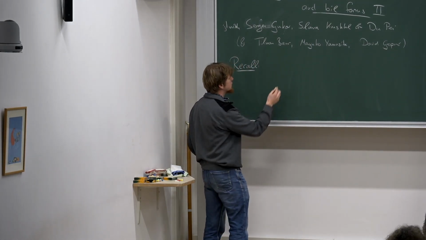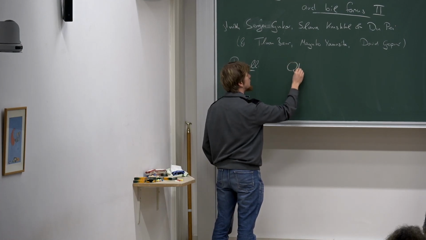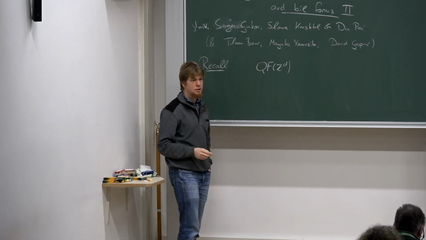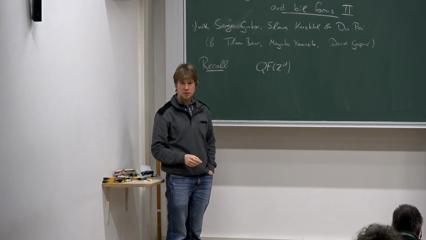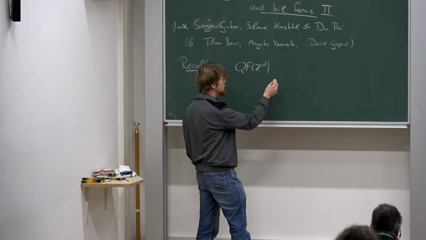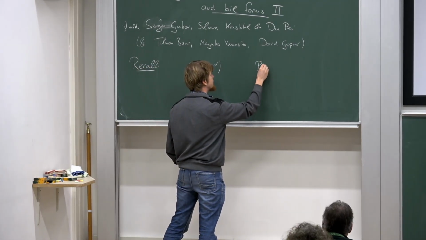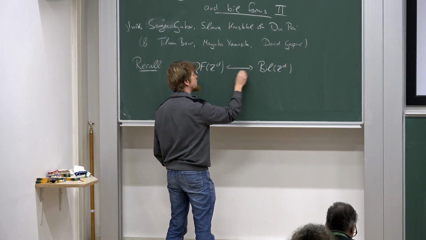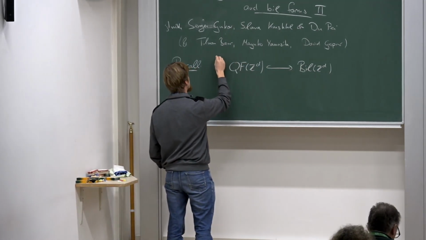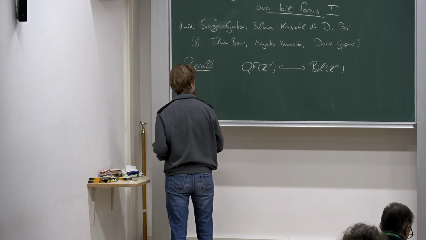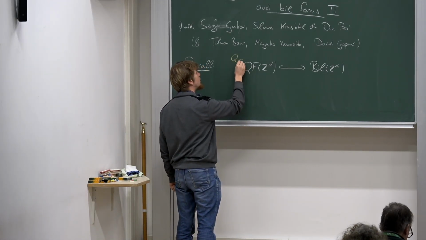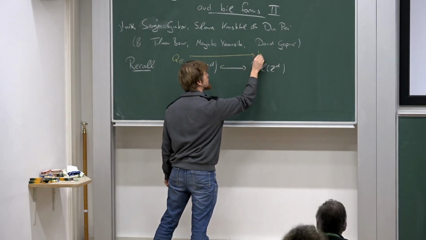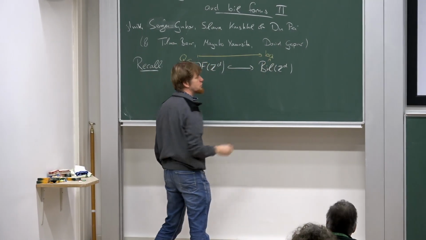And so we had the opportunity to look at quadratic forms on Z^d, which I use this notation, and also at bilinear forms on Z^d, and I explained how this embeds, and I will always use the letter Q for quadratic form, and then I have here B_Q, the associated bilinear form.